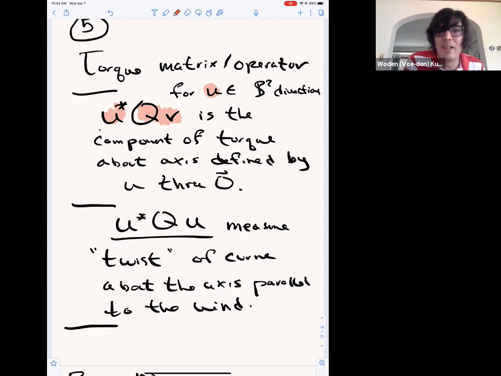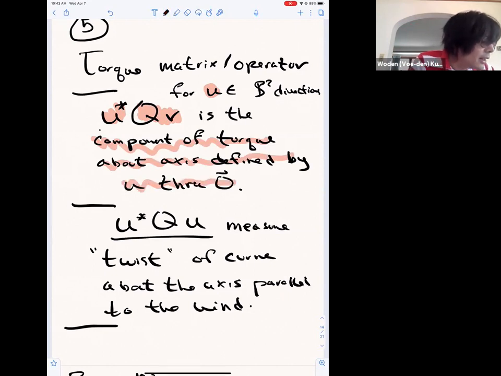That's what the dot product with a unit vector means. So really, the quadratic form UQV is the component of the torque about the axis defined by U through 0, and this is the torque coming from the vector field V.